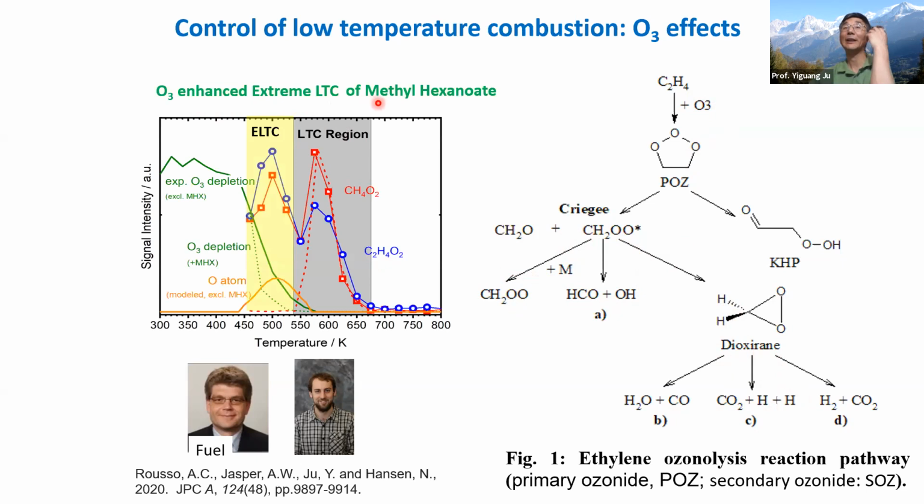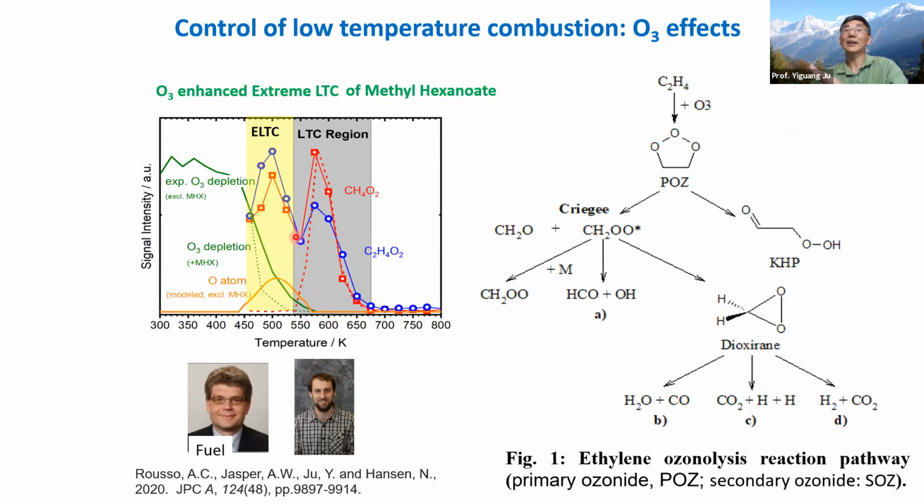biodiesel, for example methyl hexanoate. In this figure, you can see from low temperature, 300 Kelvin to 800 Kelvin. Without ozone, you can see this green line and this dashed line. You only see low temperature oxidation starting at 550 Kelvin.